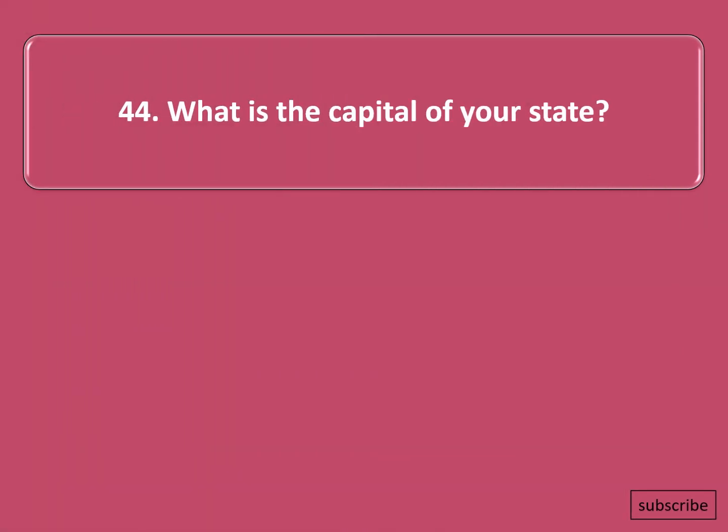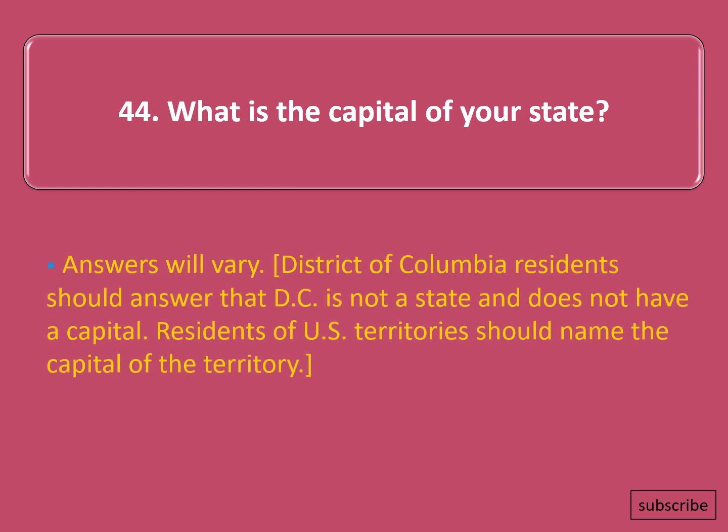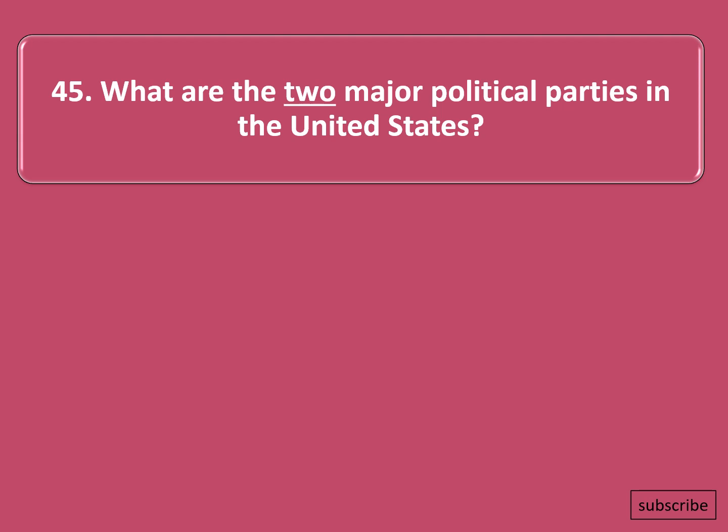What is the capital of your state? Answers will vary. District of Columbia residents should answer that D.C. is not a state and does not have a capital. Residents of U.S. territories should name the capital of the territory. What are the two major political parties in the United States?